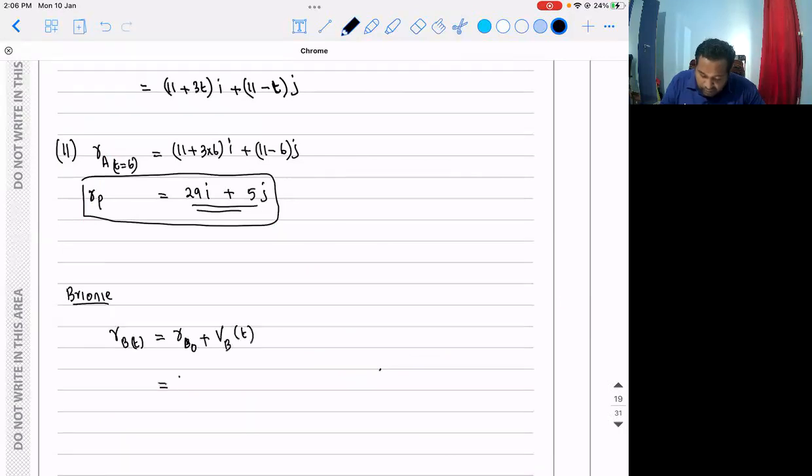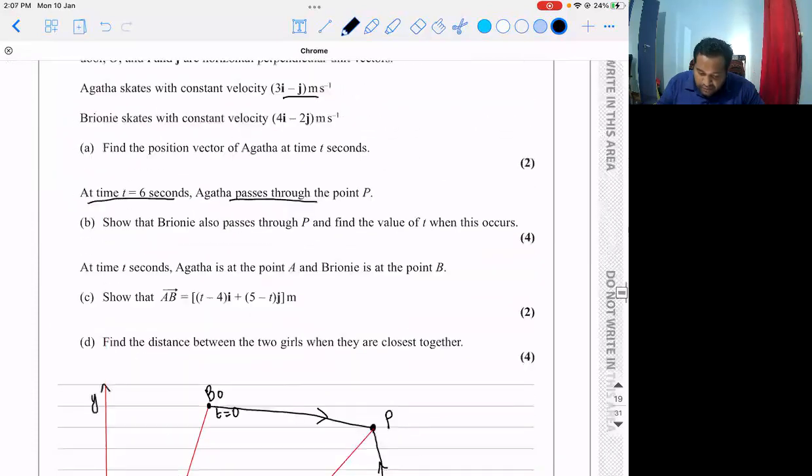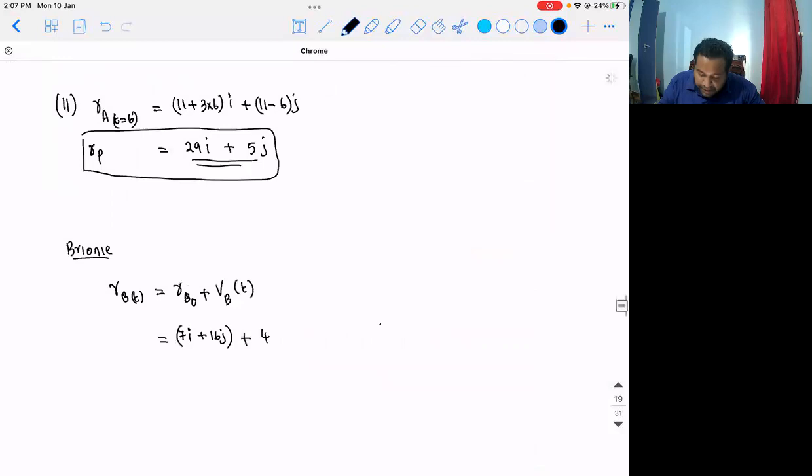So that is 7i plus 16j plus, what is the velocity? 4i minus 2j, times t.